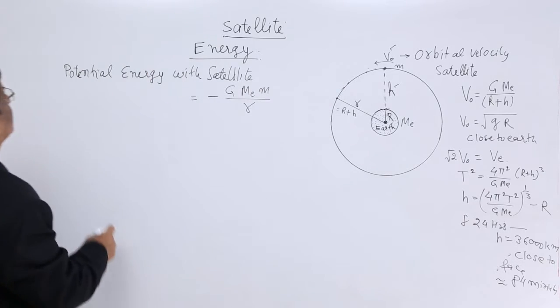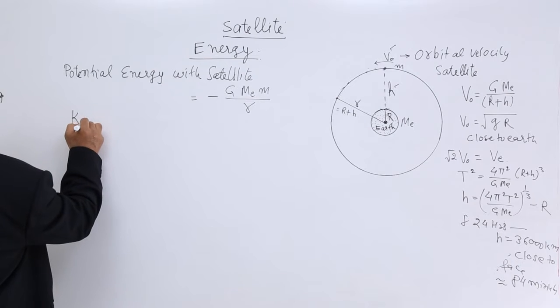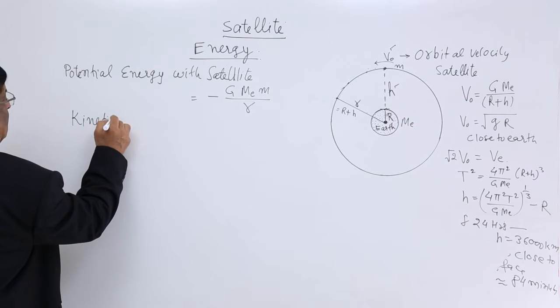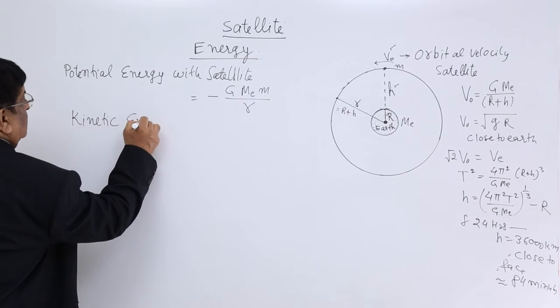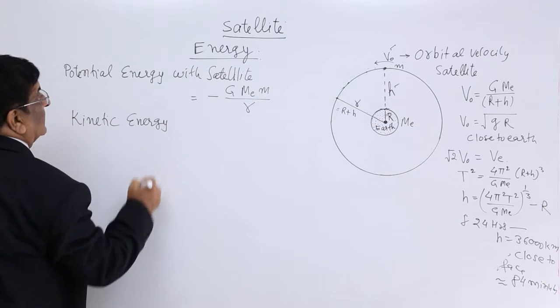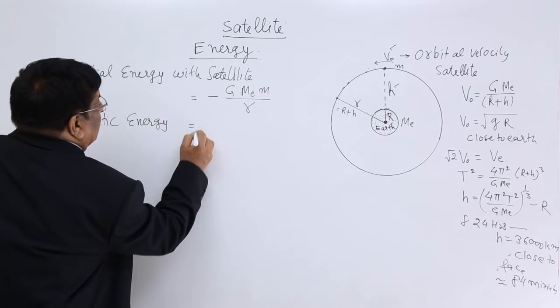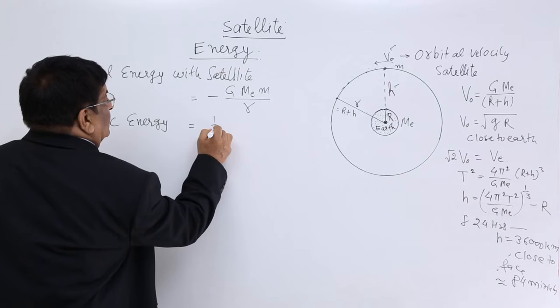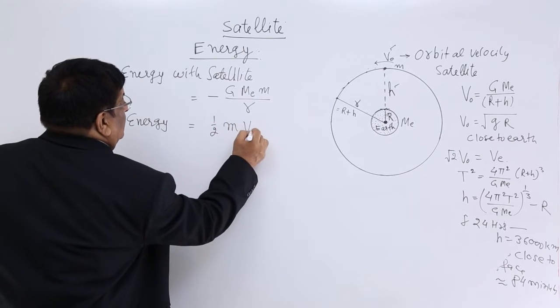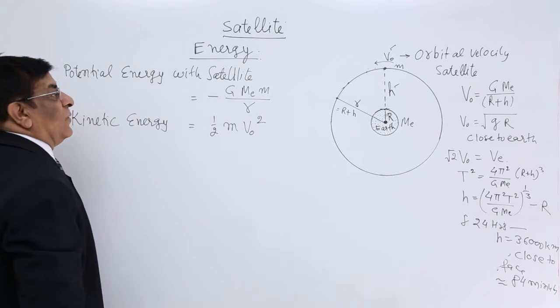Now how much is the kinetic energy? Kinetic energy is half m v orbital square.